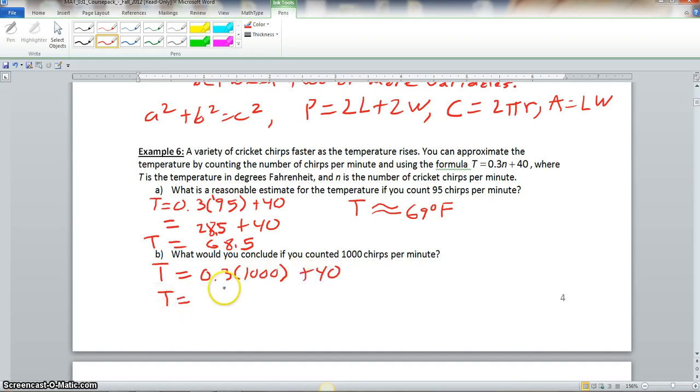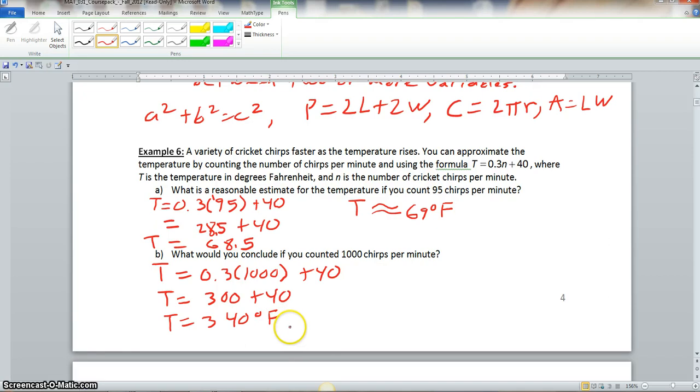So we have T is equal to 0.3 times 1,000, which is actually 300, plus 40. So T is equal to 340 degrees Fahrenheit. So what we can conclude is this here: for 1,000 chirps, the temperature will be 340 degrees Fahrenheit.